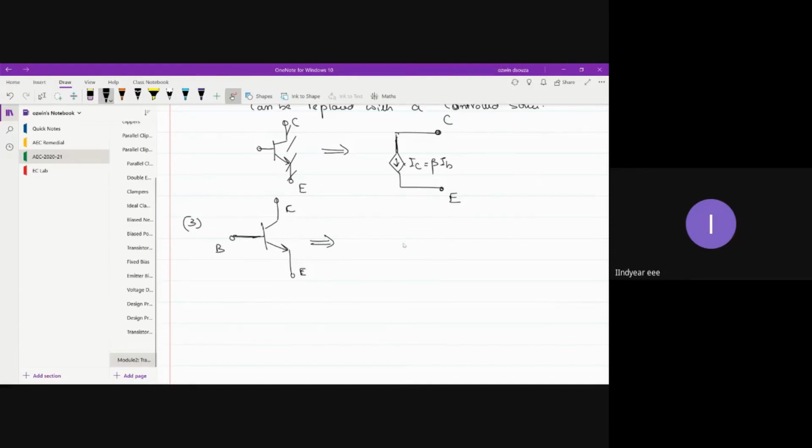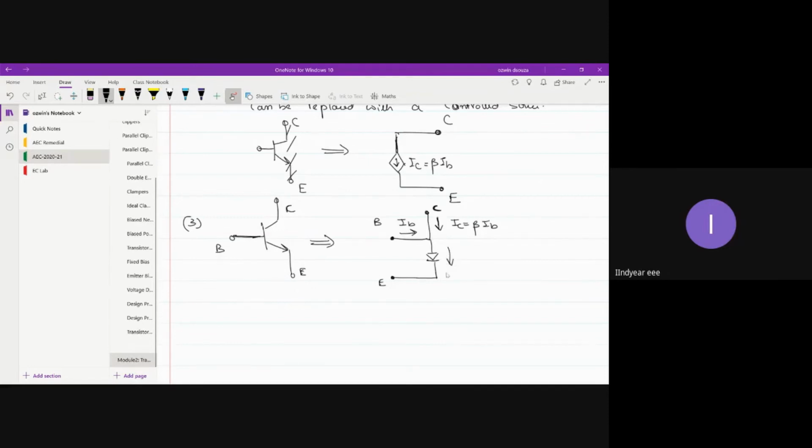So this is base, collector, and emitter. This can be represented something like this, as I have already told you. Between base and emitter, you can place a diode, right? And this is what the collector terminal looks like. Through the collector terminal, current IC flows. IC is beta times IB, correct?